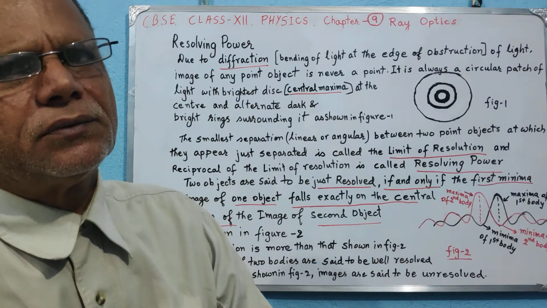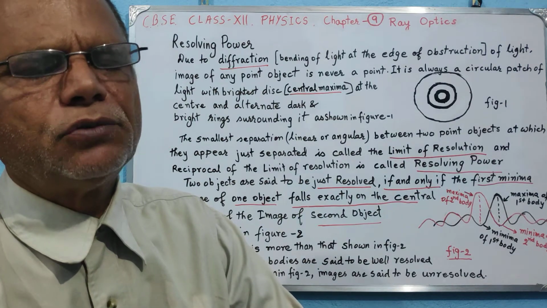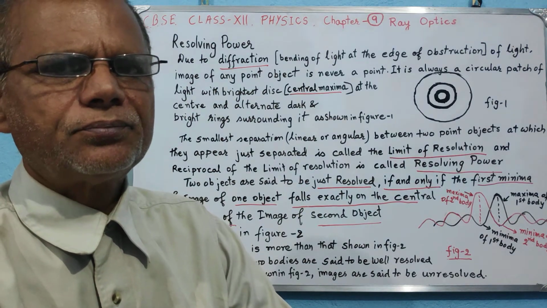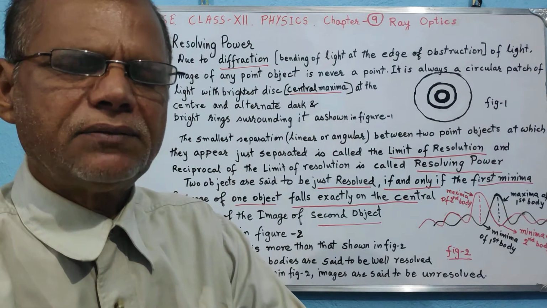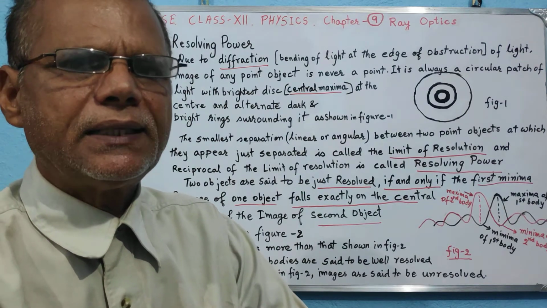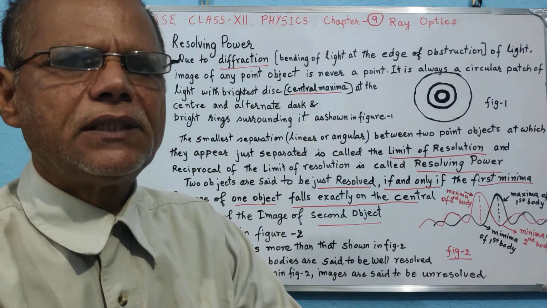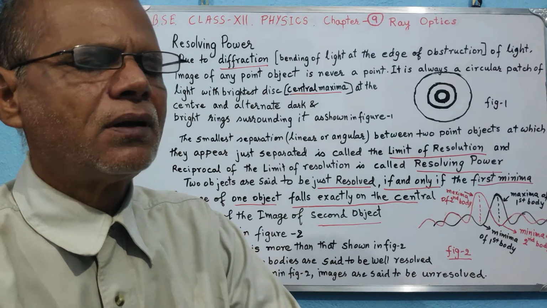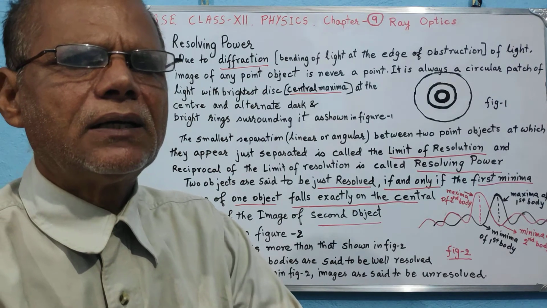So we will learn about the dual nature of light. It means that at times it behaves like matter, like a particle, and at times it behaves like a wave.